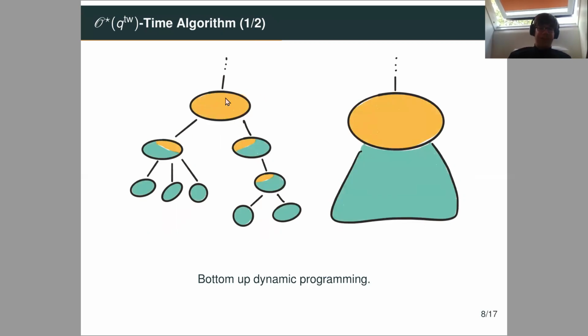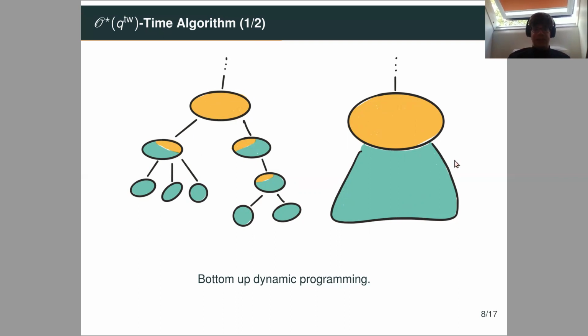First of all, what happens in the top bag, and second of all, how does this interact with the rest of the graph that is induced by the vertices that appear in bags below. So here in the top bag, we have these yellow vertices, and some of them may appear in some of the children, and then there are some bags that do not contain any vertices from the top bag anymore. So we will depict this like this. This will be the top bag, and this triangular stuff, the rest.